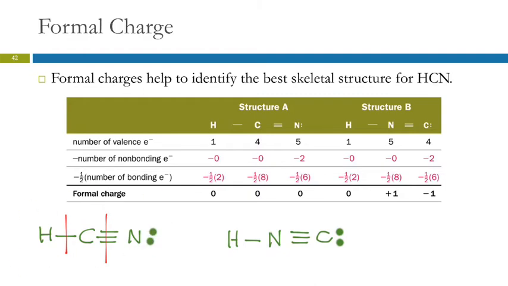So this one has all 0 formal charges. That's awesome. Let's do this one over here. Again, cutting this in half. Nitrogen brings 5 and leaves with 4. So 5 minus 4 is a positive 1. Carbon brings 4 and leaves with 5 and is negative 1.